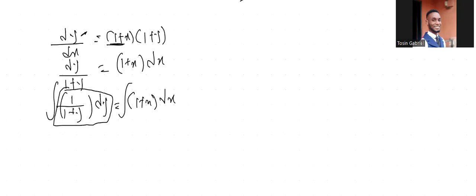You notice that 1 is the same thing as what you have in the numerator. So you simply say that the integration of 1 over 1 plus y is the same as ln of 1 plus y, which is equal to the integration of 1 is x, and the integration of x is x squared over 2, then plus c. So that's all. This is simply the relationship between x and y. So it's as simple and easy as that.